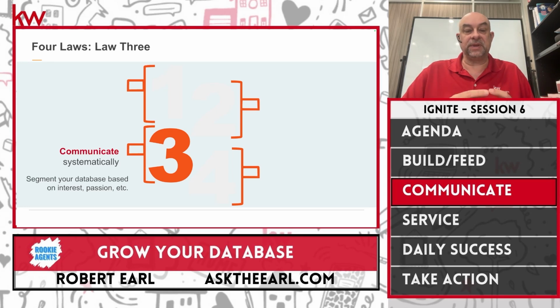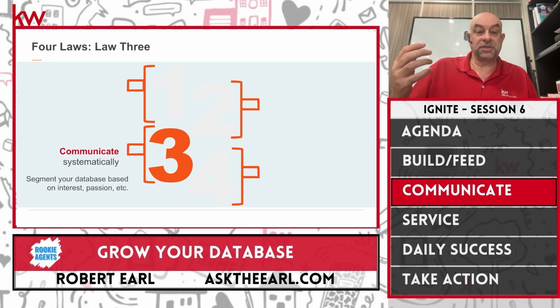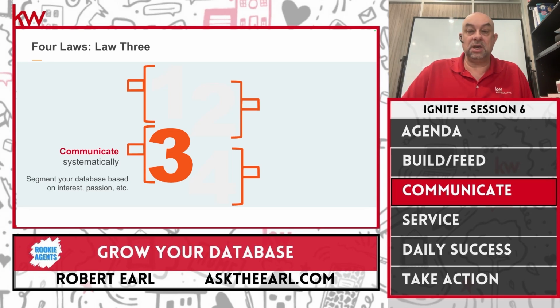In your participant guide, you have a section about communicating systematically. What are some segments or categories that you might already naturally have in your database? An easy one is, are they a homeowner versus a renter? Do they have children versus being an empty nester?